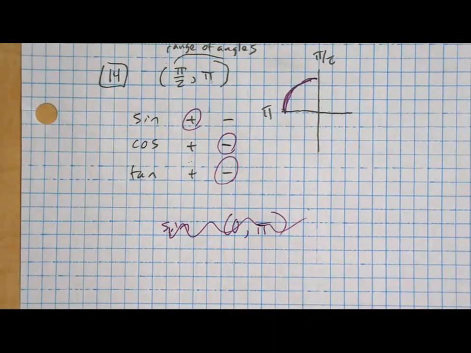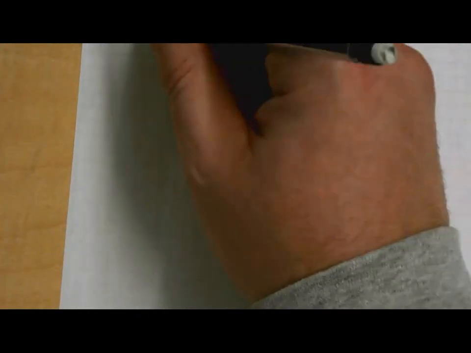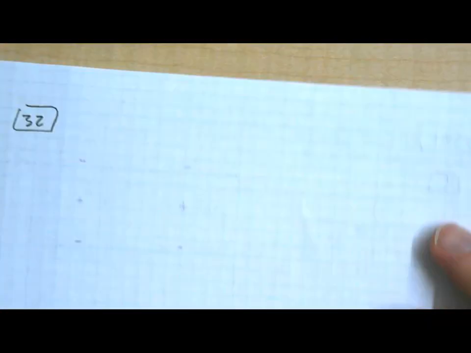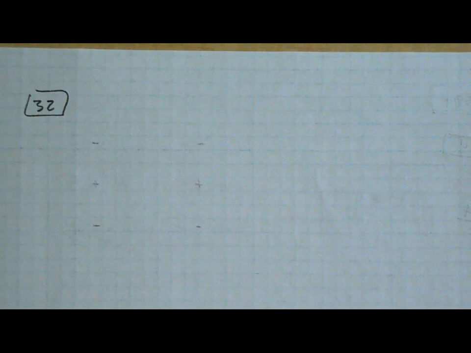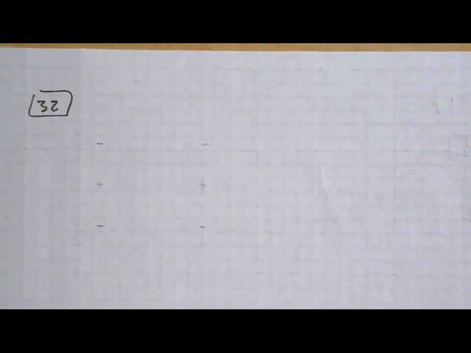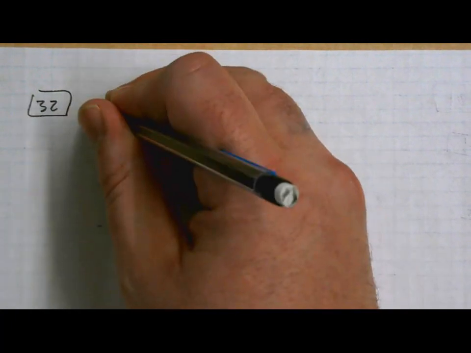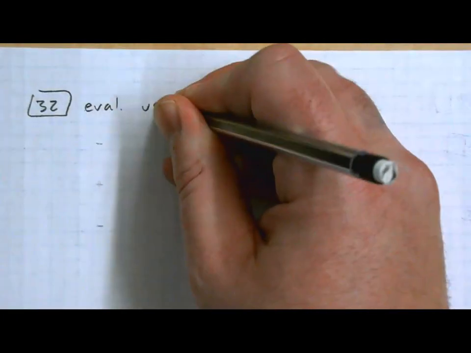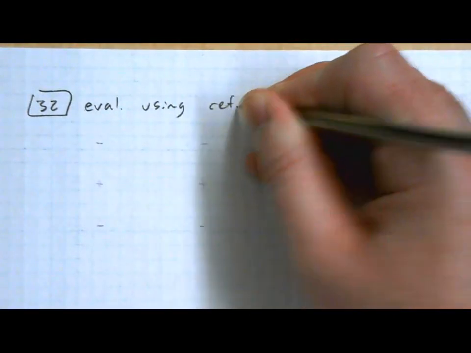Okay, this next one, you're going to love it. I don't think I got room on there. Flipping over. 32. Evaluate using a reference triangle.